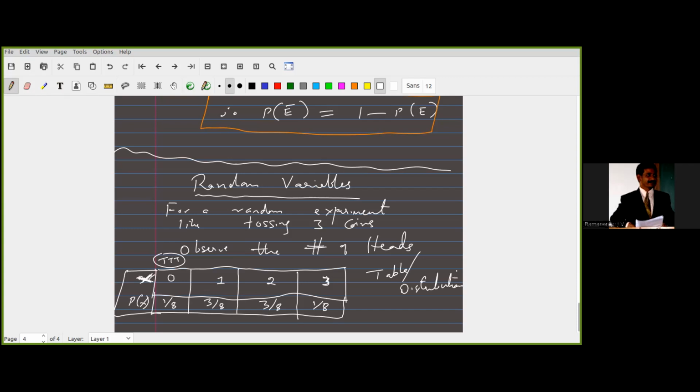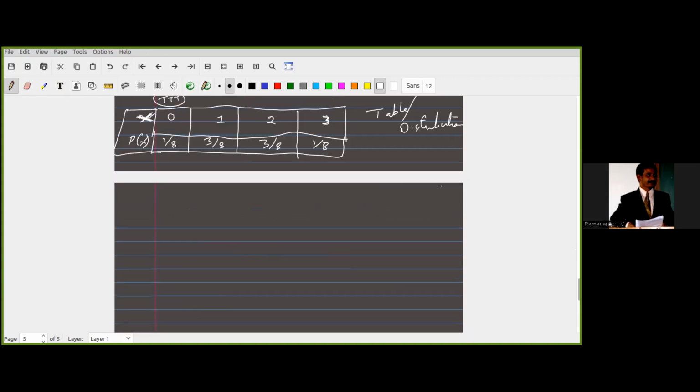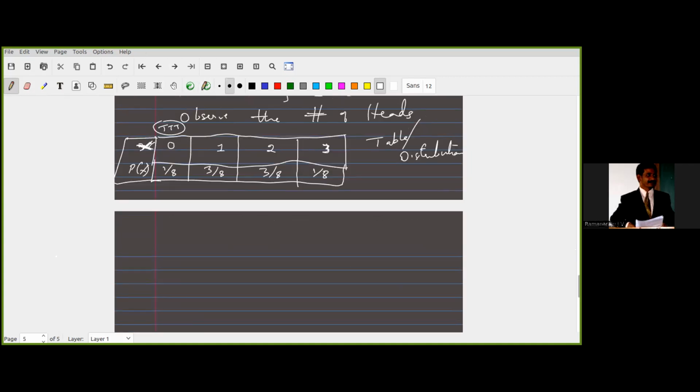So once we have this, usually what is asked is, you will be asked, what is E of X?